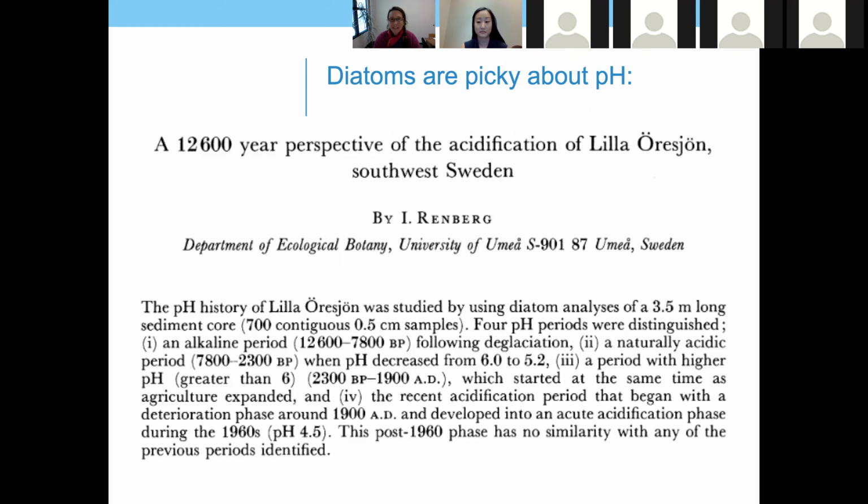The diatoms showed the history of the lake and their pickiness about pH over that 10,000 year period. And some of this work was really fundamental in determining the acidification of lakes, particularly in Europe, from sulfate deposition.